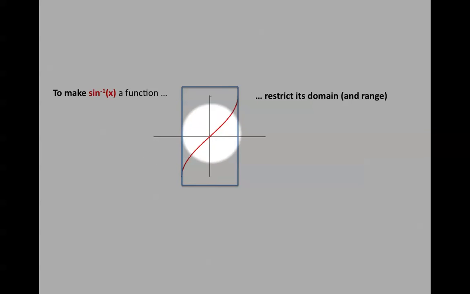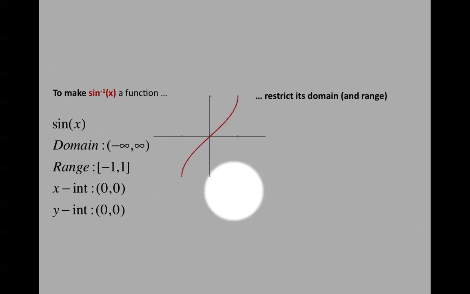And you ask, well, why do we pick this section? Why don't we just pick something up here? Well, this is really just a matter of mathematical convention. It's probably more convenient to pick the one that's near the origin. So that's what mathematicians have done. And this red curve right here is the sine inverse graph.